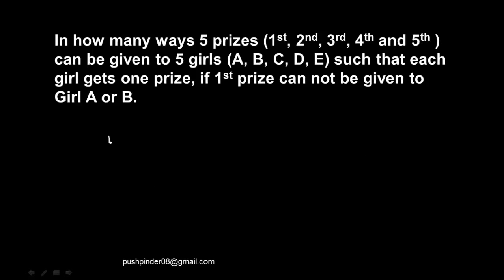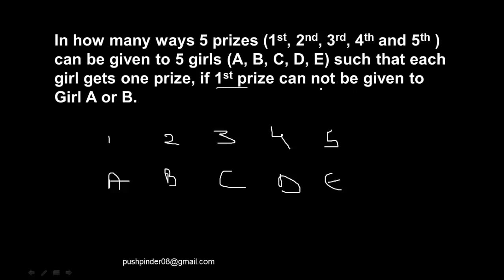So these are 5 prizes to be given, prize number 1, 2, 3, 4 and 5, and these are the 5 girls, right? Okay, now what is the condition? The first prize cannot be given to girl A or B.